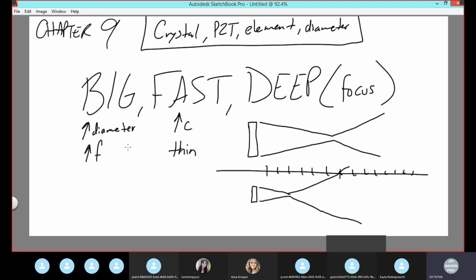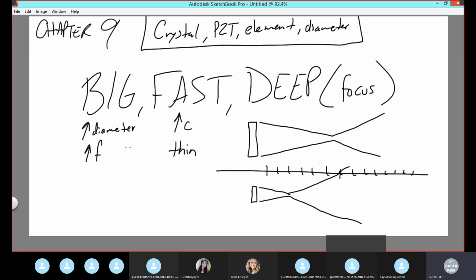So that's why you have these rules that say, oh, if you have a big crystal, your focus could be deeper. If you have a small crystal, your focus could be shallow. So depending on what you're scanning, you may want a particular type of transducer. So let's say that you were scanning a thyroid with a single crystal transducer that we don't use anymore. If you're scanning a thyroid, you know that thyroids are very superficial.